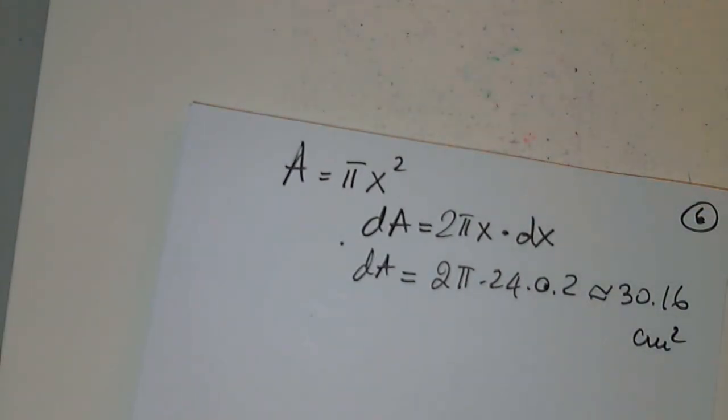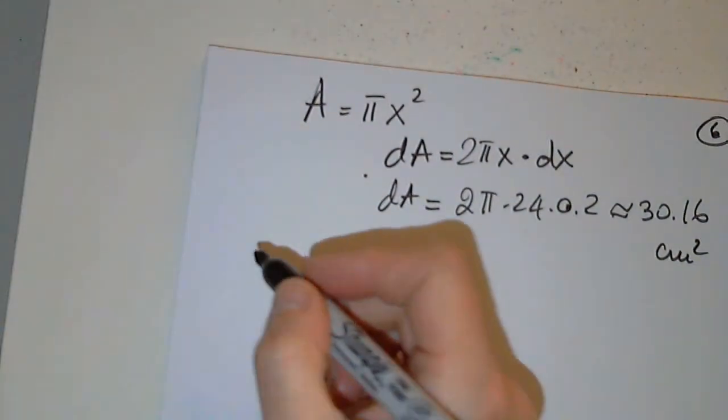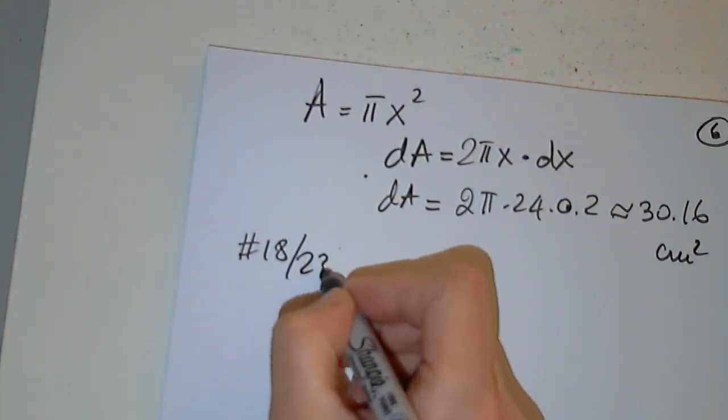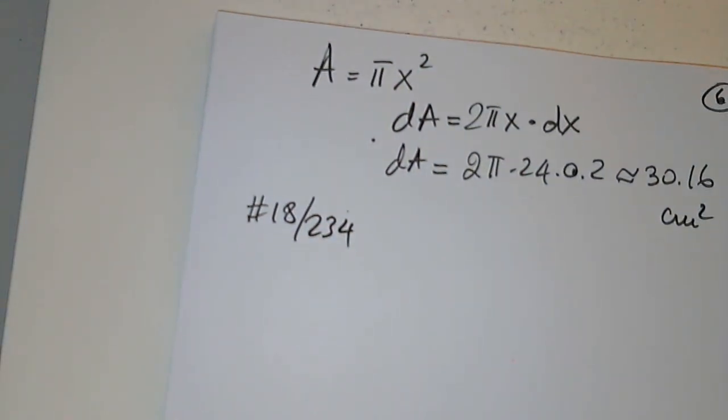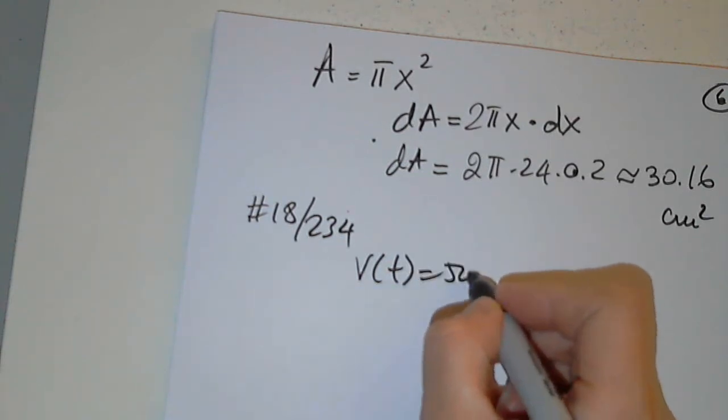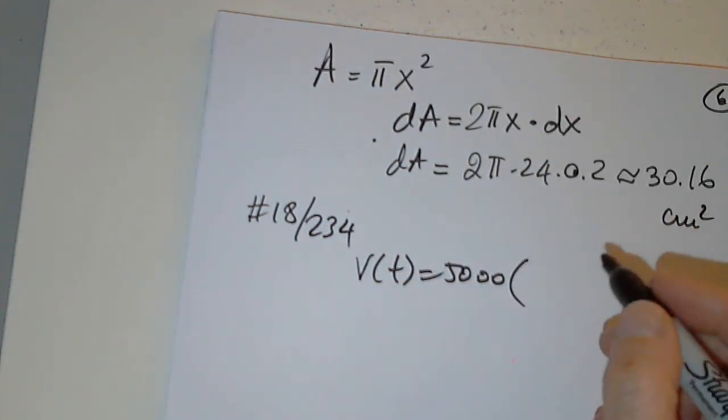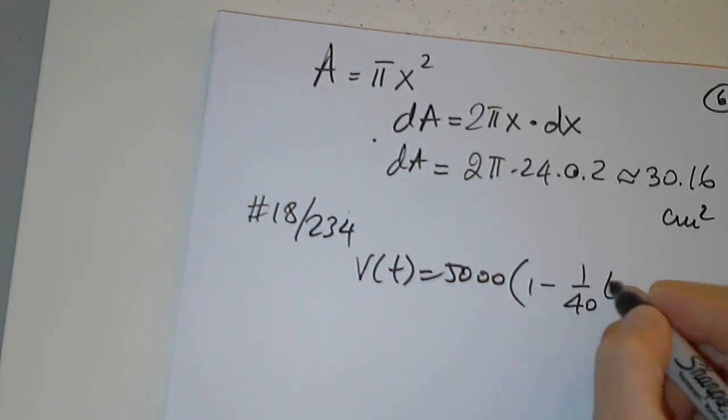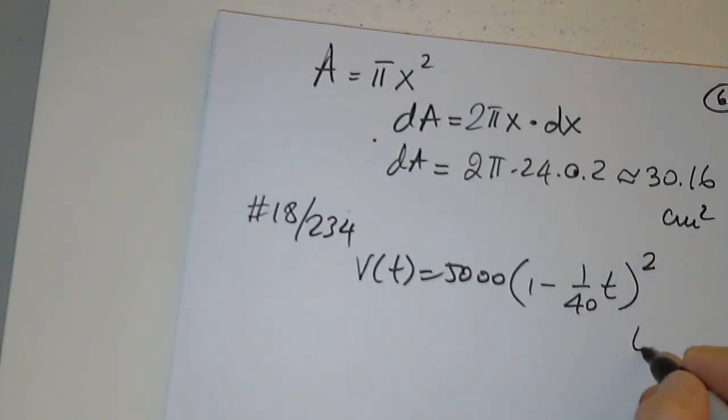Okay, so we're looking at problem 18 on page 234. And we have V of t equals 5,000 times (1 minus 1 over 40 t) squared, for t between 0 and 40.